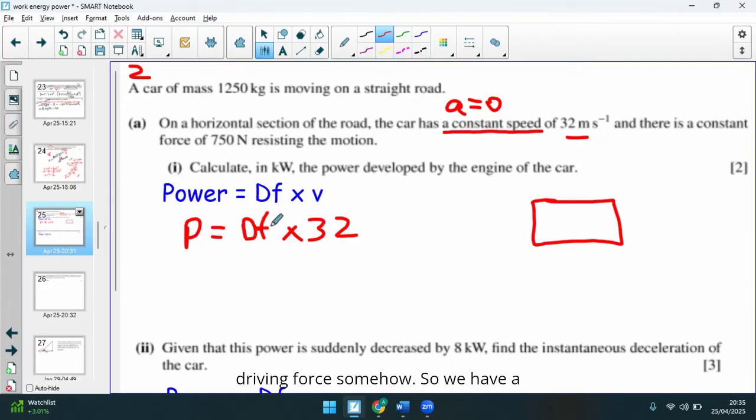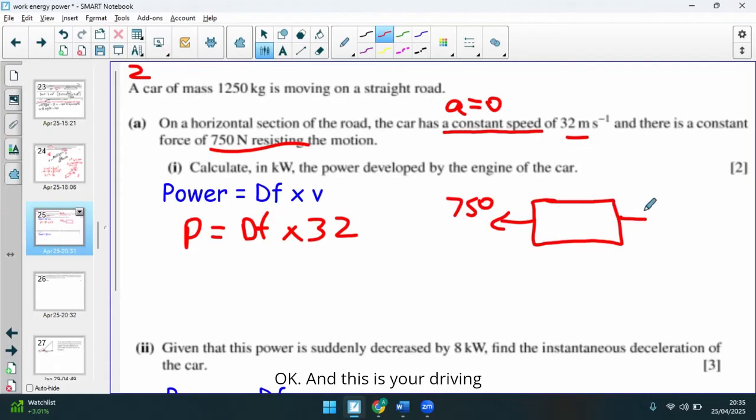So we have a resistance, which is 750, and this is your driving force. Now your driving force will be 750, right? Because it's constant speed, which means A is 0, and it's a horizontal surface. Now this doesn't work for a diagonal surface. I'll show you anyway.